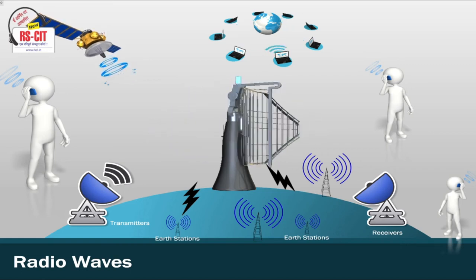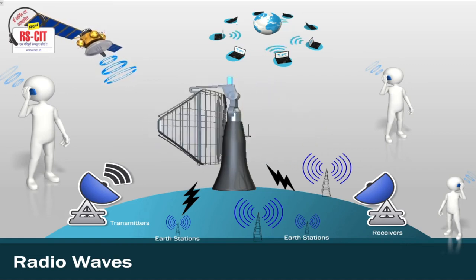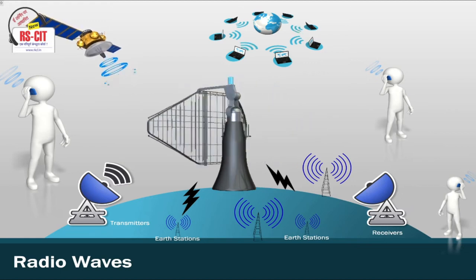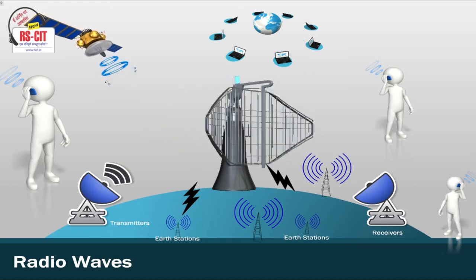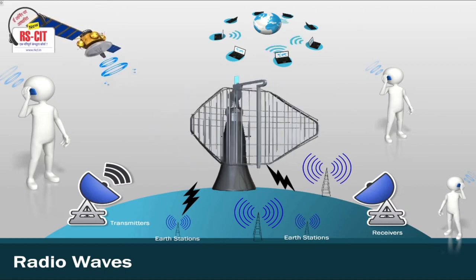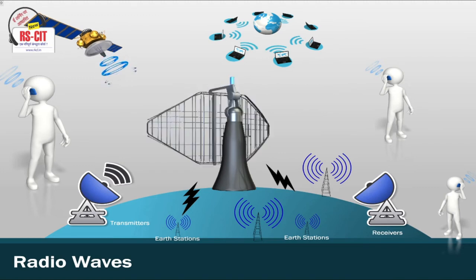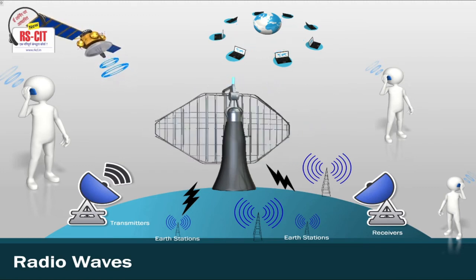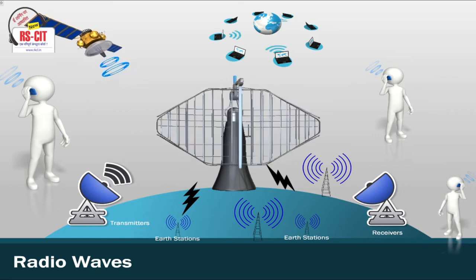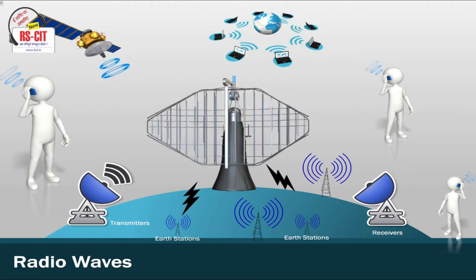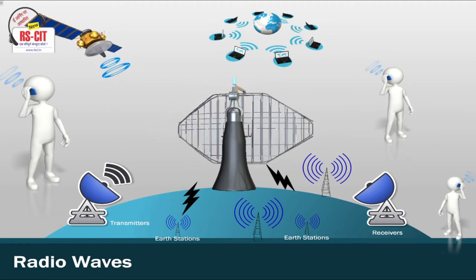Radio waves are a type of electromagnetic radiation with wavelengths in the electromagnetic spectrum longer than infrared light. Radio waves have frequencies from 300 GHz to as low as 3 kHz and corresponding wavelengths ranging from 1 mm, that is 0.039 inches, to 100 kilometers, that is about 62 miles.